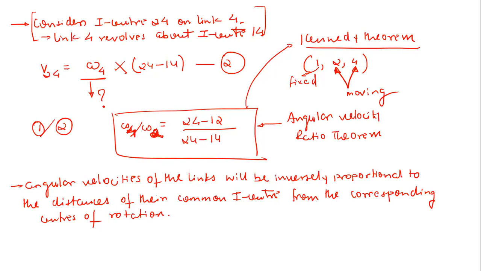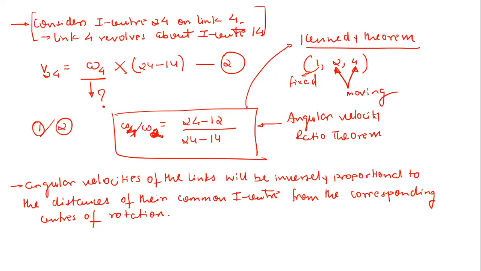So now let us try to apply this and solve a numerical problem. We will be moving to solve a numerical problem, and there we are going to apply this angular velocity ratio theorem. Right? So this is just a general theorem. Don't make it too complex. Just consider this as a general theorem. What my point is, you have to just remember the fundamental.